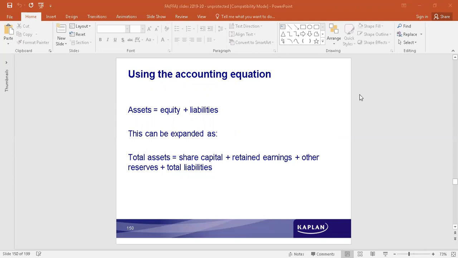Usually this would be more suitable for small businesses because there would be fewer transactions. When the accounting equation method is followed, there would be no need to journalize transactions, or to keep ledger accounts.